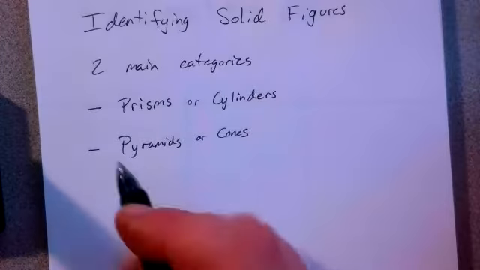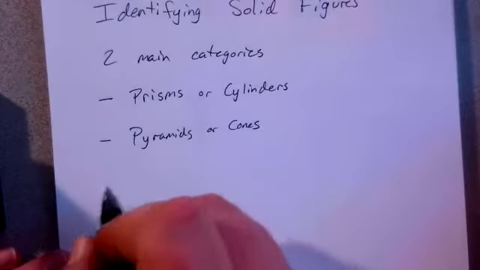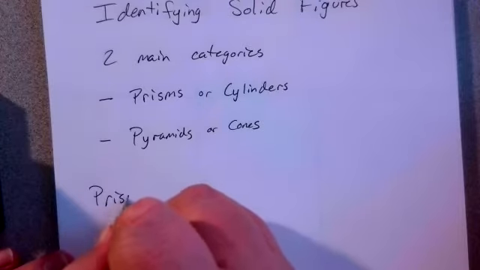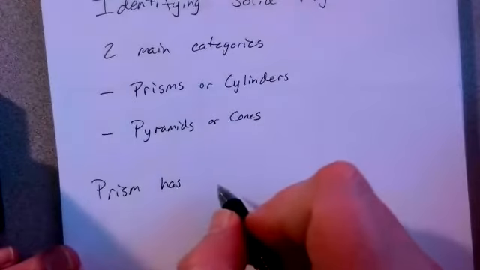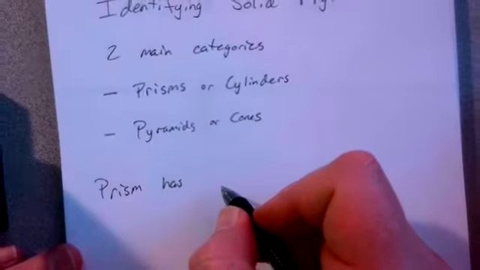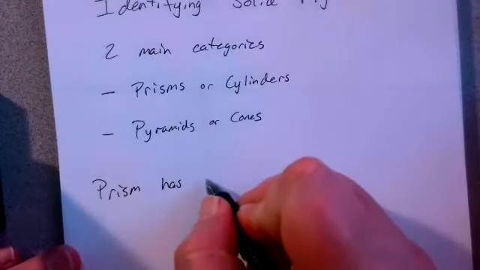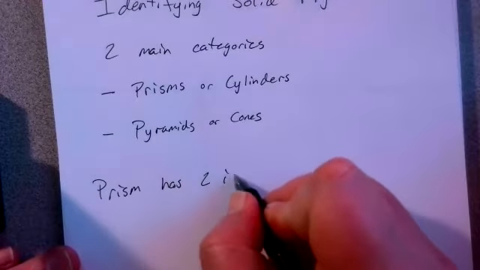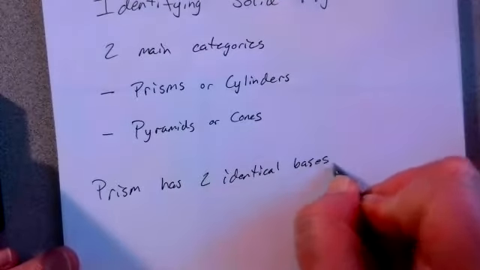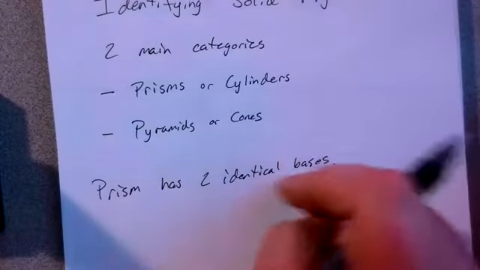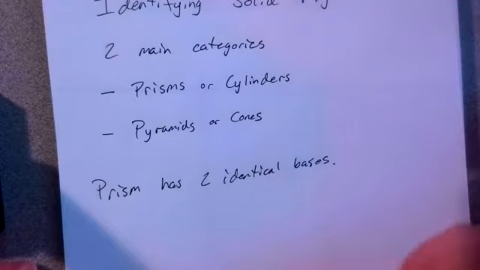A prism or a cylinder. So a prism has two identical bases, and it's solid in between, okay?